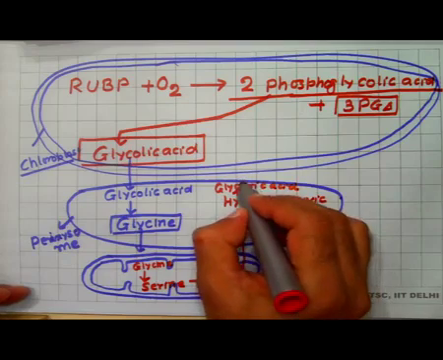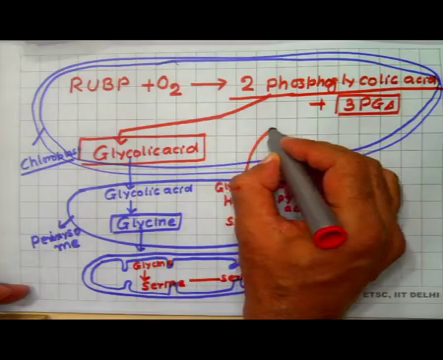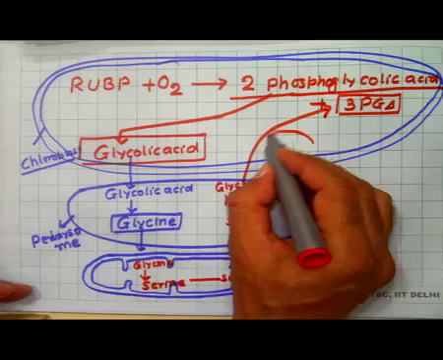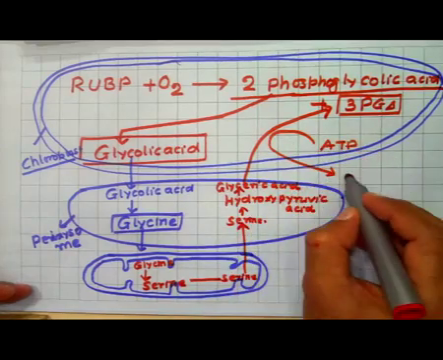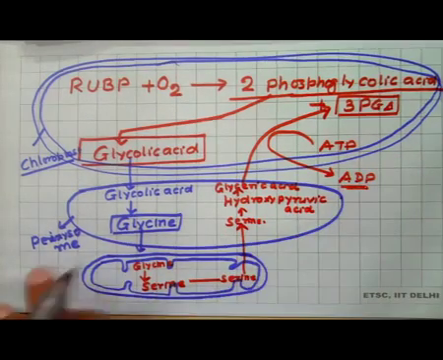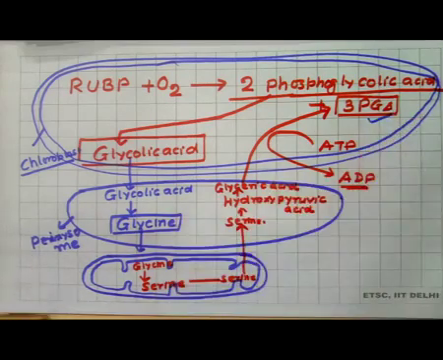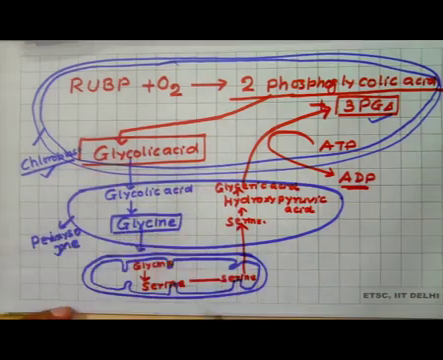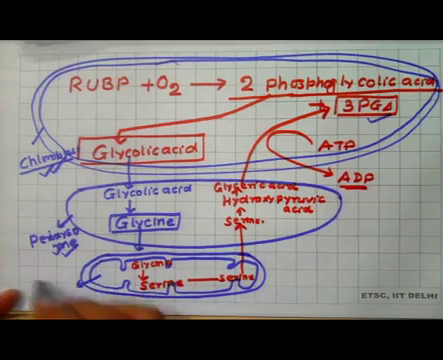Now, this glyceric acid reaches the chloroplast and forms 3 PGA, and in this process ATP is required, and this ATP is converted into ADP, and 3-phosphoglyceric acid is formed. So, in photorespiration, 3 organelles are involved: chloroplast, peroxisome and mitochondria.